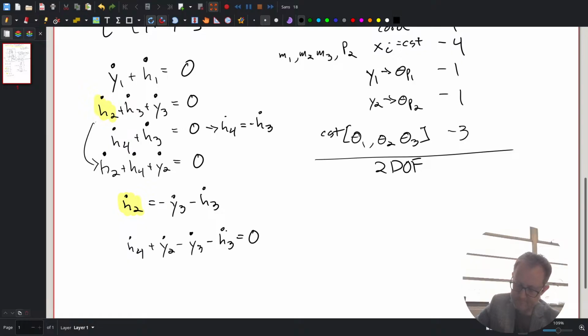So I could replace this with a positive h4 dot. Let's see if that one makes sense, because I really want to solve for position 3.